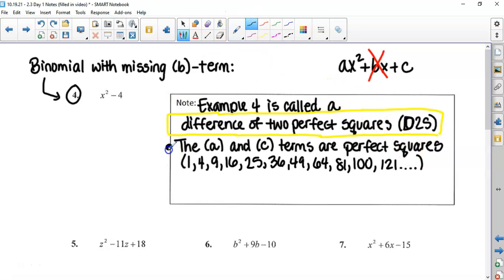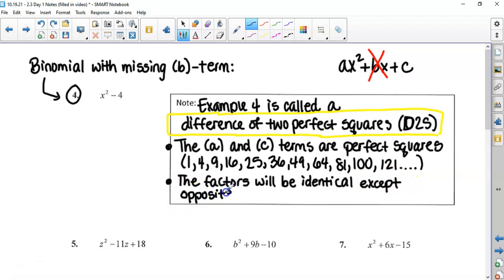Here's the key. So this is the first bullet. Second bullet here, bullet point. The factors will be identical except opposite signs, where the A and C terms are square rooted.